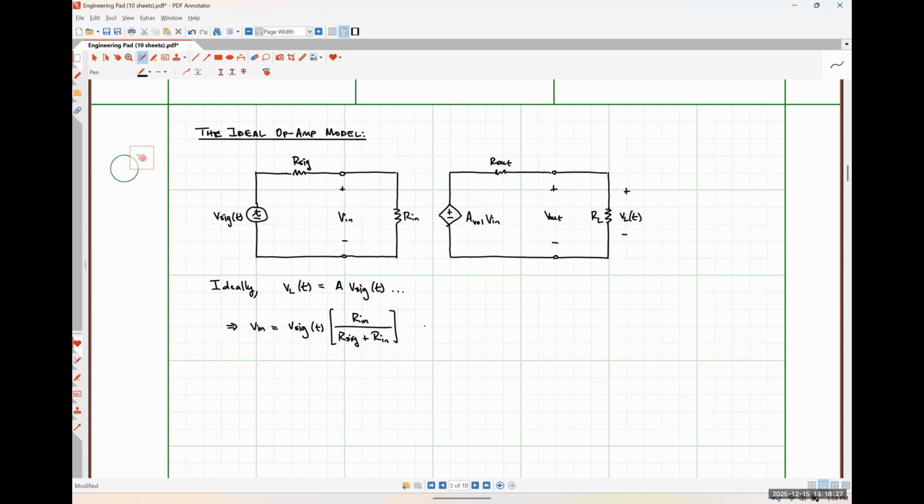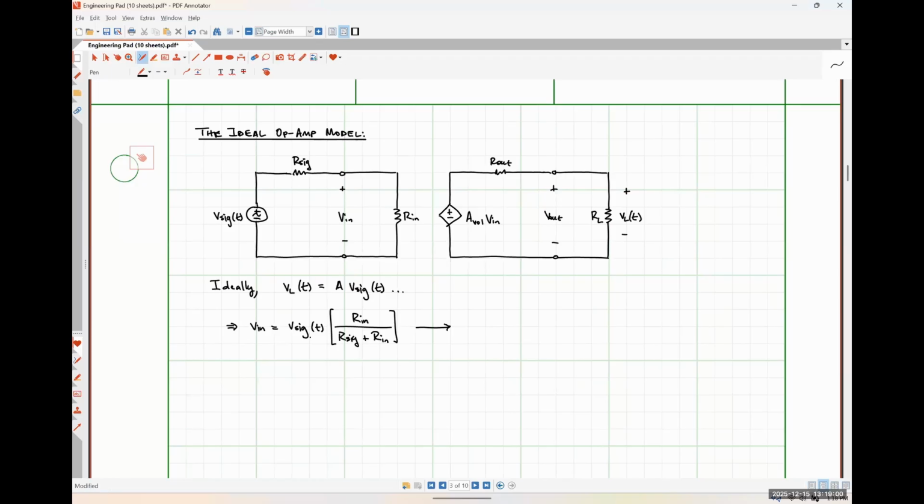So my question to you guys is, what value of Rin makes all of that signal voltage V sig appear across the input terminals of the amplifier portion of our circuit in the middle? Have an open circuit, right? Yeah, exactly right.